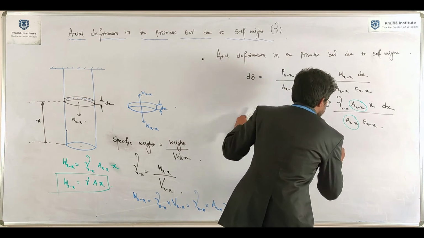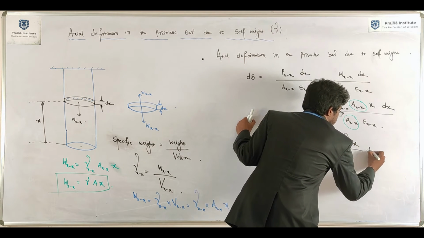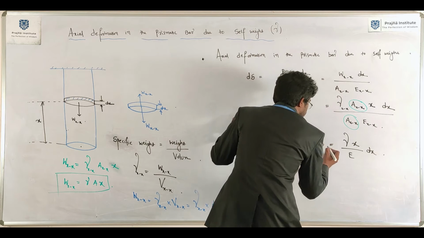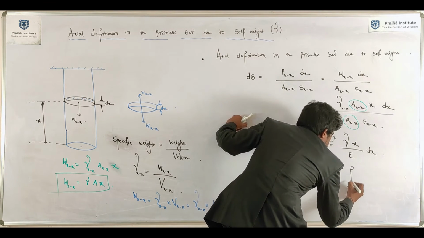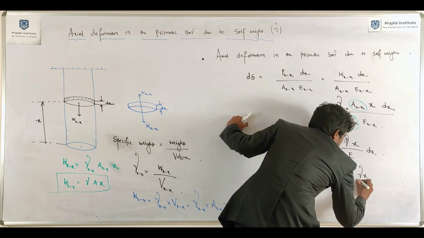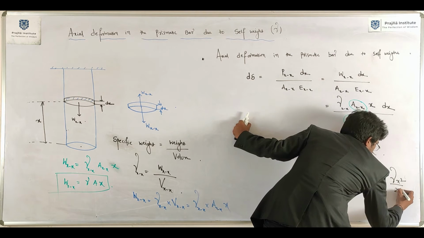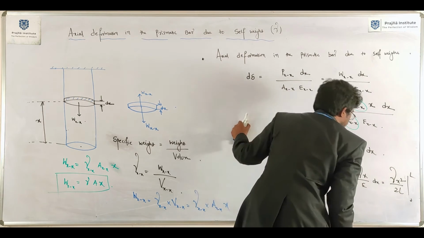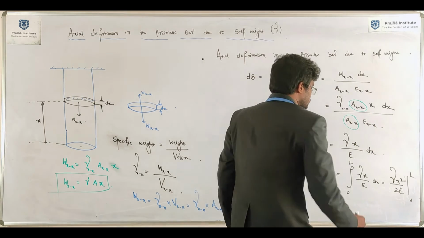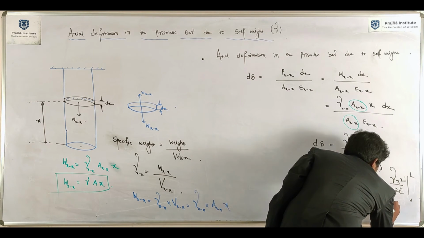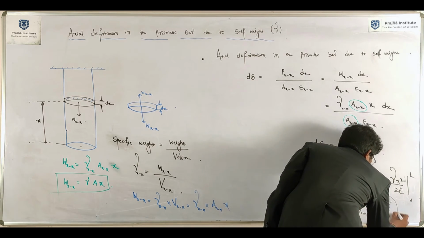Now gamma is gamma only, x by E only, dx, d delta. Now integrate from 0 to L: gamma x by E dx equals gamma x square by 2E, from 0 to L. Now gamma L square by 2E is the total deformation.